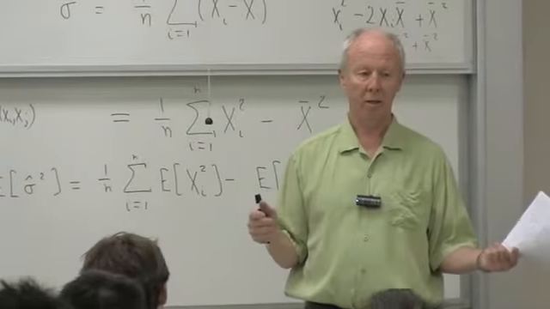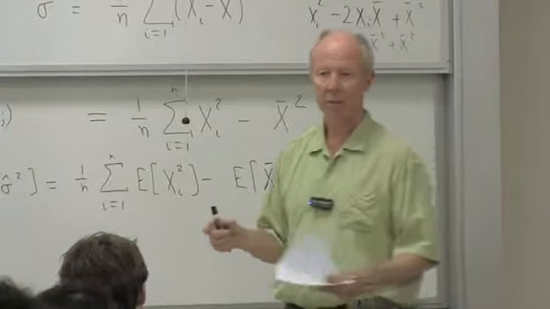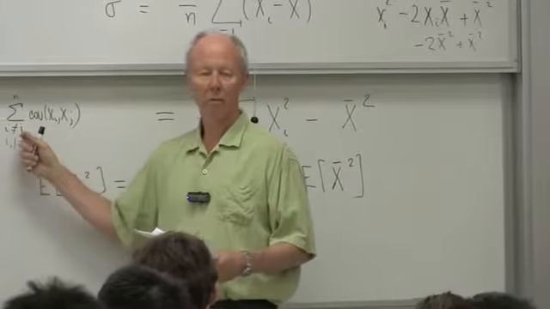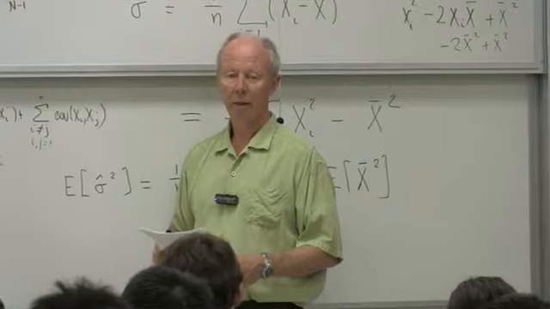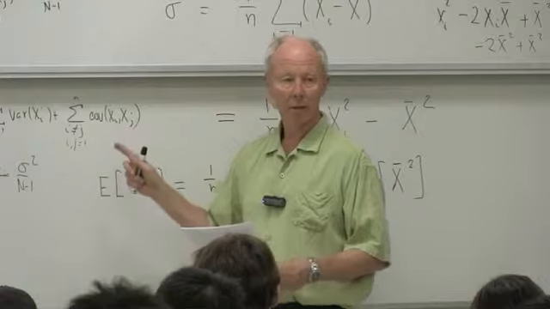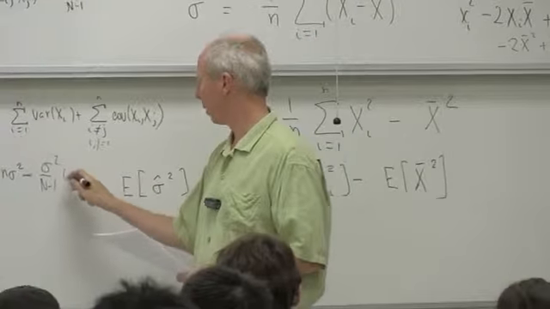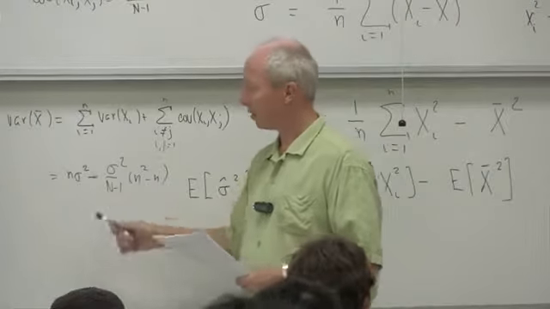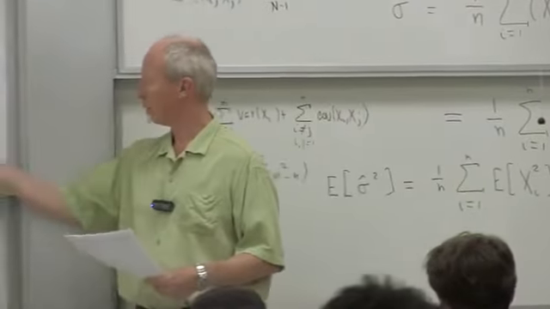So altogether there are n squared choices. How many of those choices involve i equal j? n. So there will be n squared minus n terms in this sum. And when you combine this and simplify, you get this term here.